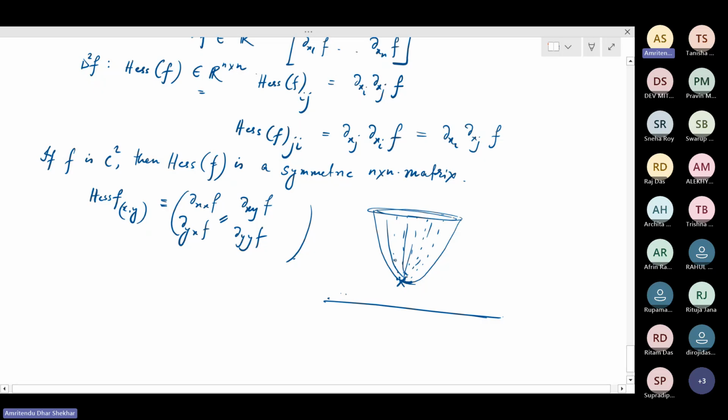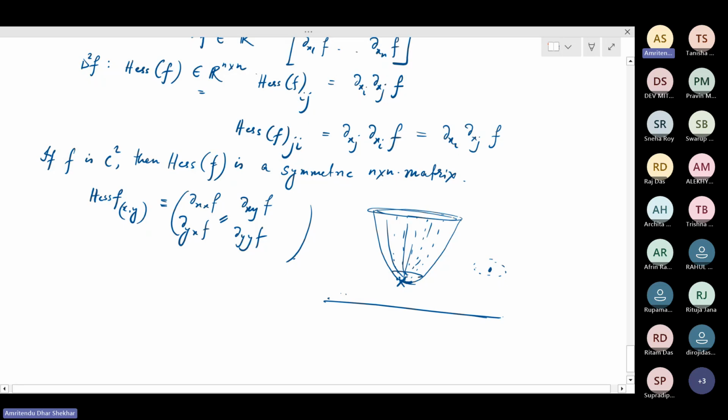Why? Because if you take this point P, and if you take a neighborhood of this particular point P over here, then the function value is always bigger than the function value of this point.